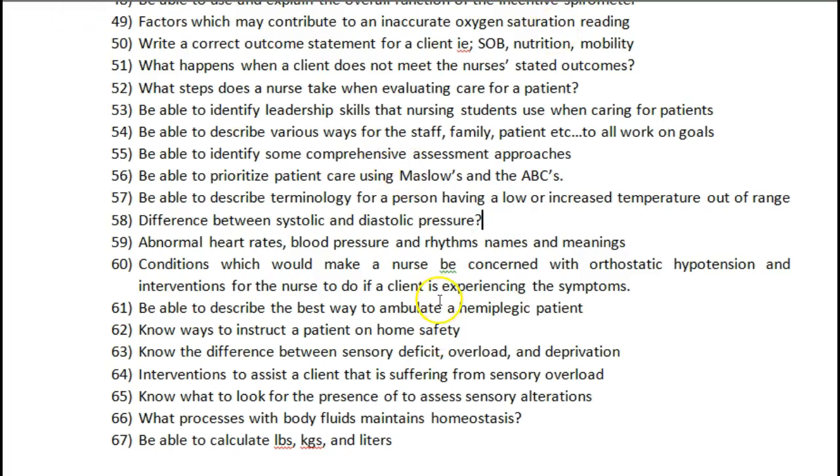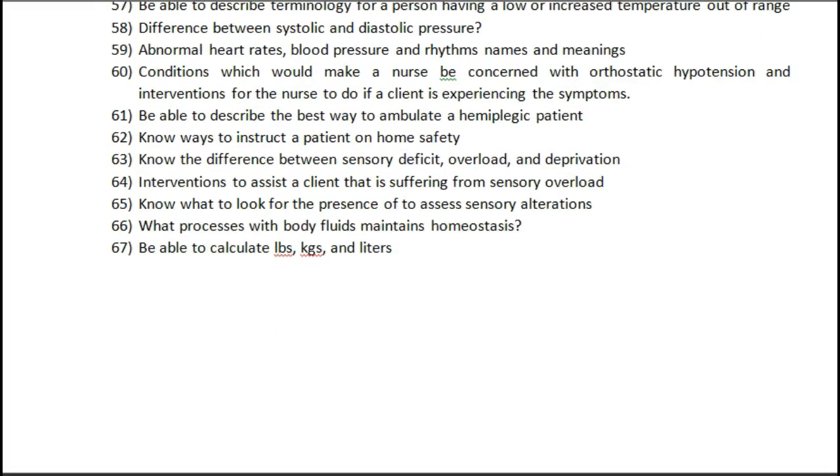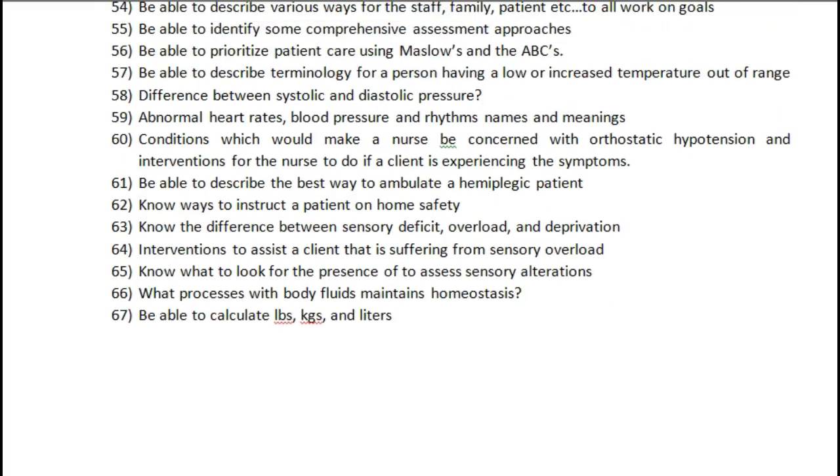Abnormal heart rates, blood pressure, rhythms: names and meanings. Basically, if somebody is tachycardic, you know they have a fast pulse rate, right?